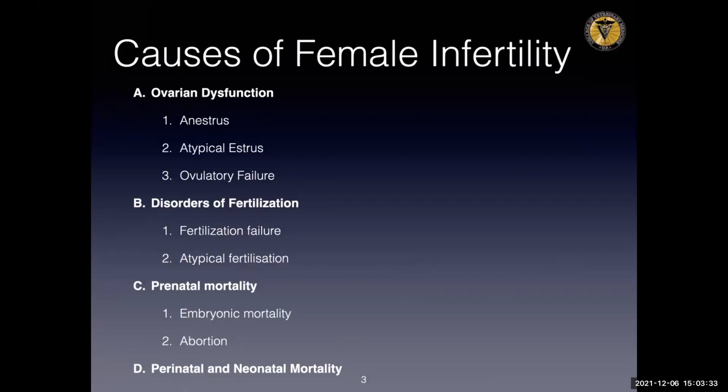Next we go to prenatal mortality, where fertilization was successful, but the pregnancy had problems going further down the line. That's why it didn't go full term. Mortality may happen during the first months of pregnancy up to the mid trimester or early third trimester, leading to abortion of the animal.